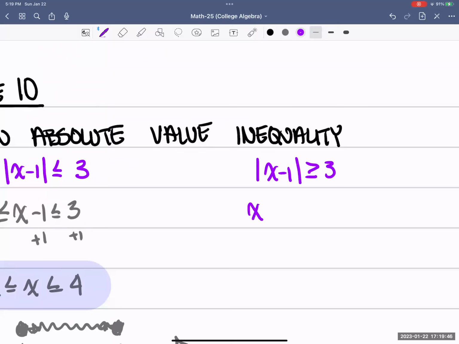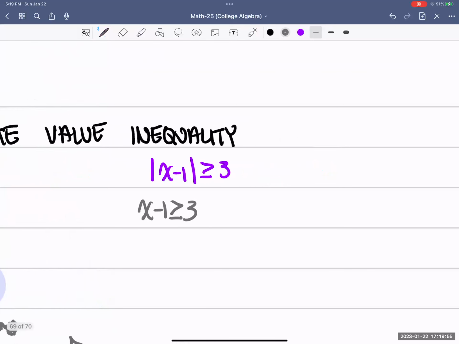So we have x minus 1 is greater than or equal to 3. We also have to look at the opposite side, x minus 1 and multiplying by negative 1, so negative 3, switching the sign.